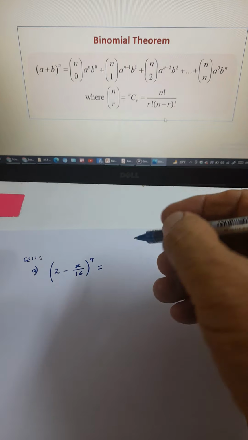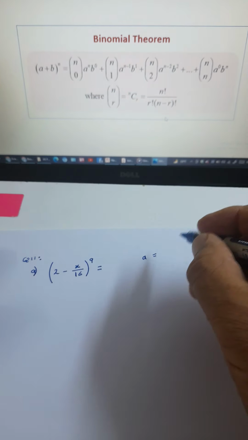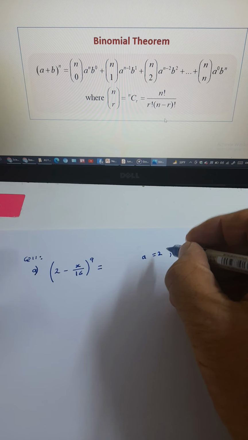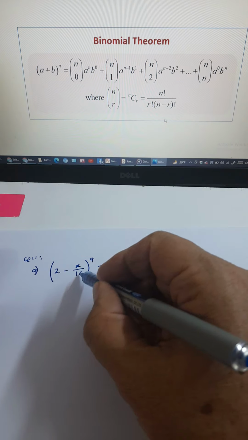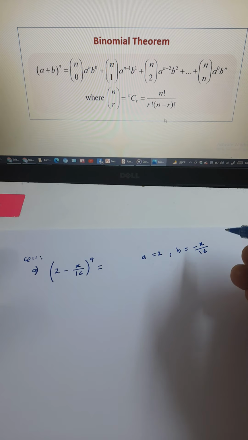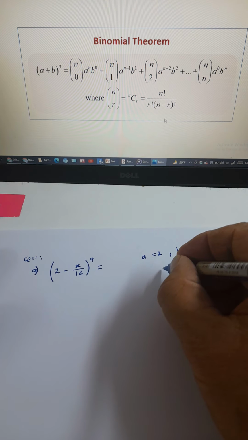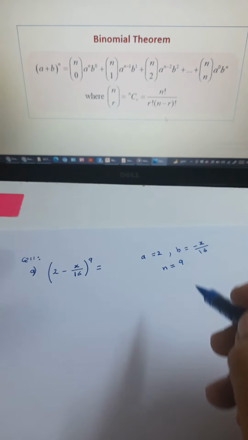Now in this expansion, a equals 2 and b equals minus x over 16, and n equals 9, the power.